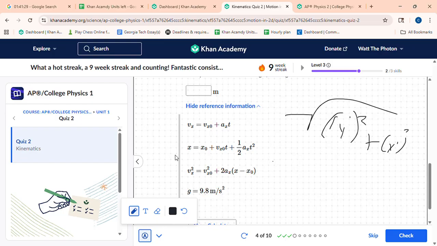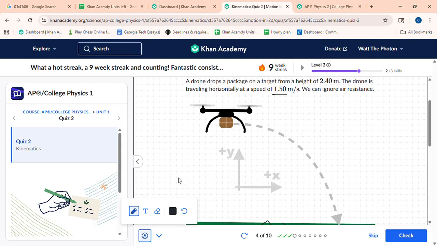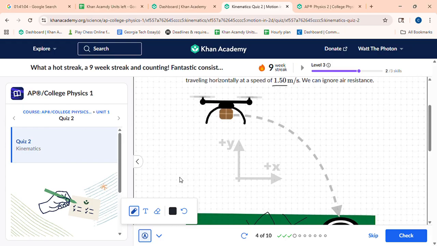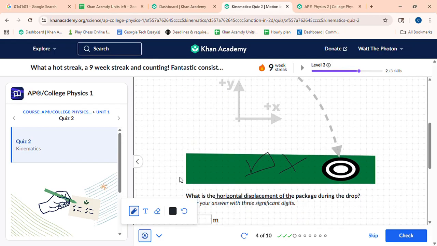So that'll be, was it delta y is equal to v naught times t plus 1/2 acceleration 9.8 t squared. And so we can calculate that: 2.4 is equal to 0 plus t squared times 9.8 over 2, which is 4.9, then the square root.